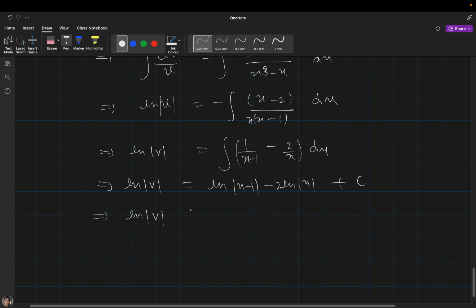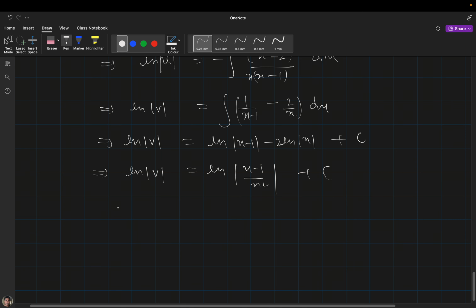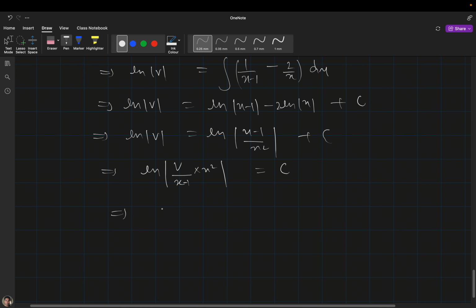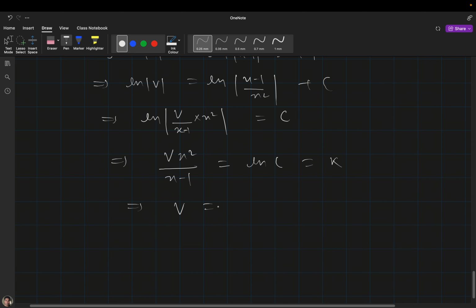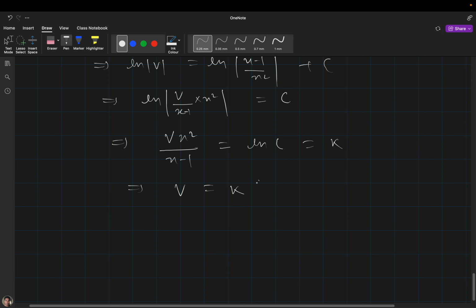So this will be ln |v|, and here I can write |x − 1| divided by x² plus c. Now I can transfer this side, so you will get ln v divided by (x − 1) times x² equal to c. So you will get v x² divided by (x − 1) equal to, since it will be ln c, I will consider another constant, that is k. So you will get v equal to k times (x − 1) divided by x².